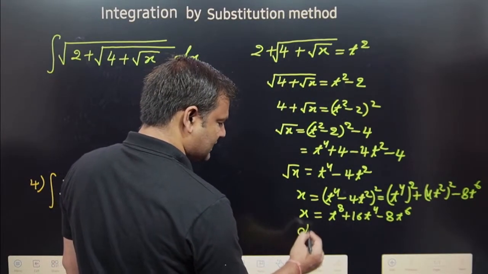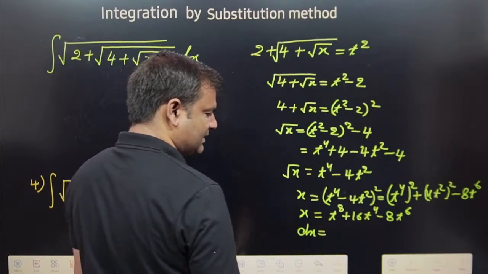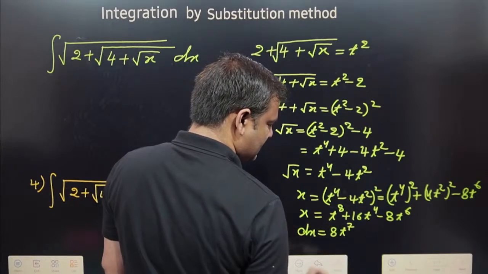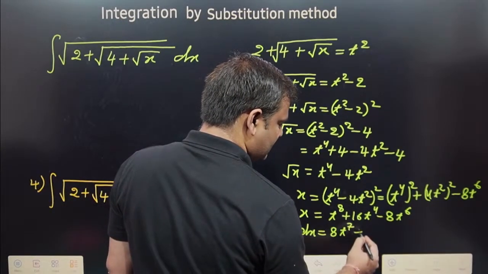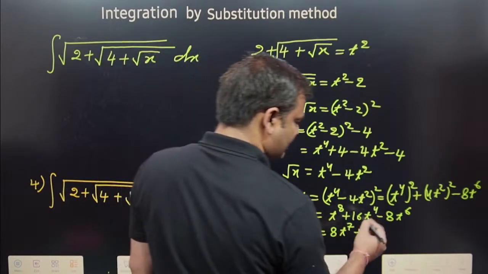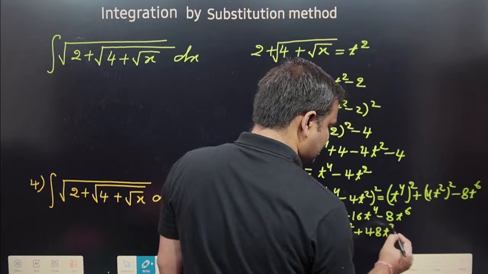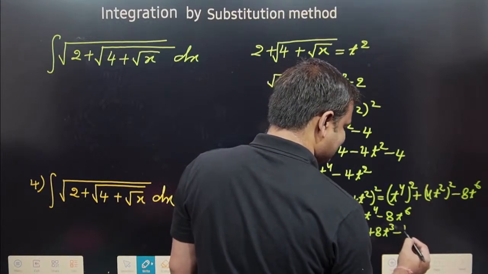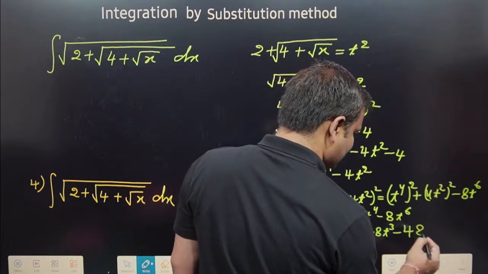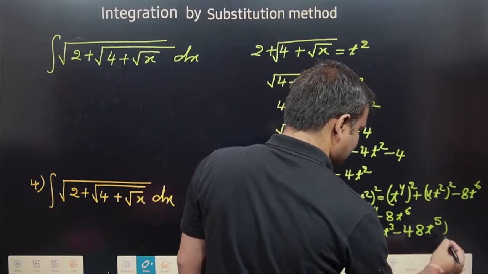If we differentiate both sides with respect to t, then dx is equal to 8 t to power 7 plus 64 into t to power 3 minus 48 into t to power 5 dt.